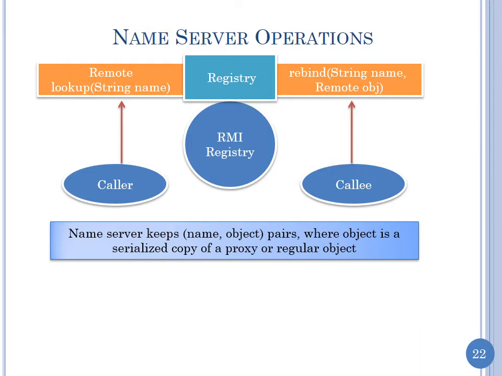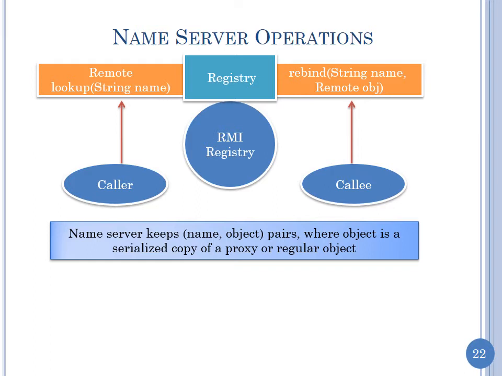As I've implied or maybe even explicitly said, a name server keeps name-object pairs, and actually the RMI registry is totally proxy unaware. Any object that it gets over the network, it will store with a name. That object may be a copy of a proxy object or a regular object. Copies over the network are called serialized objects. So it's the serialized copy of either a proxy or a regular object.